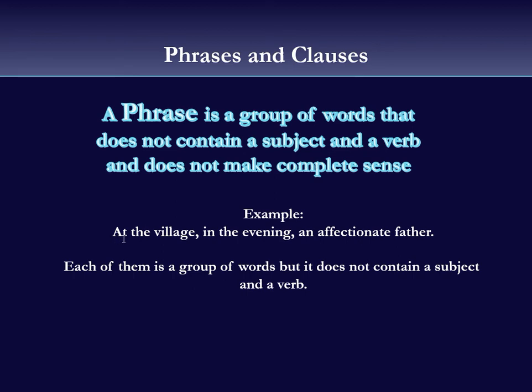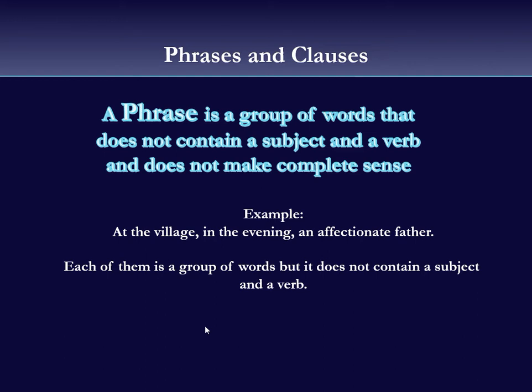And if we only read these phrases, we do not understand what it means. Each of them is a group of words, but it does not contain a subject and a verb, and we cannot understand what they mean. So a phrase is a group of words that does not contain a subject and verb and does not make sense.